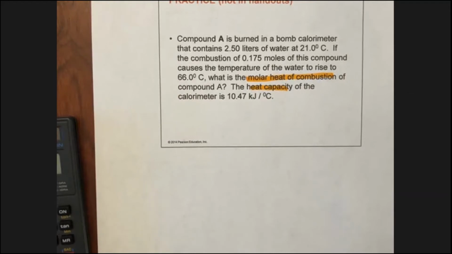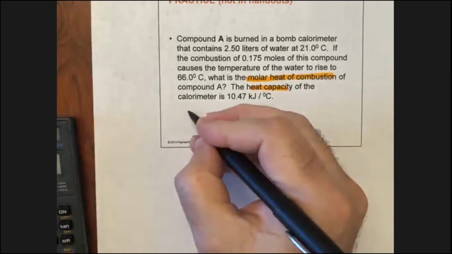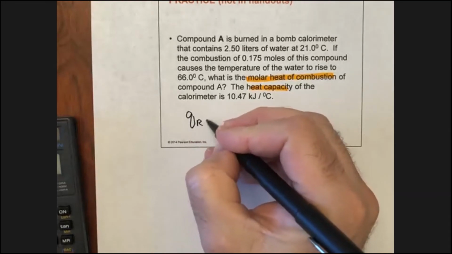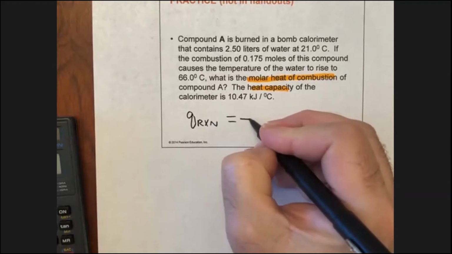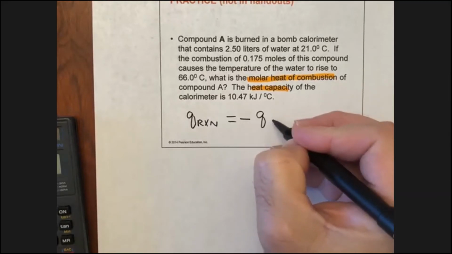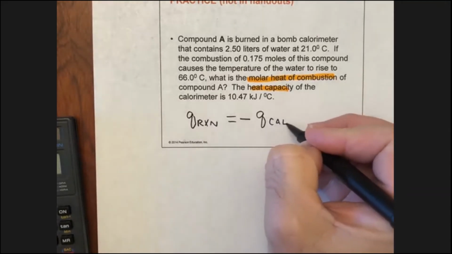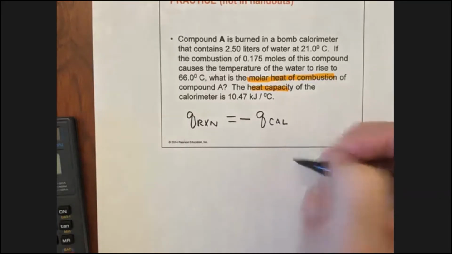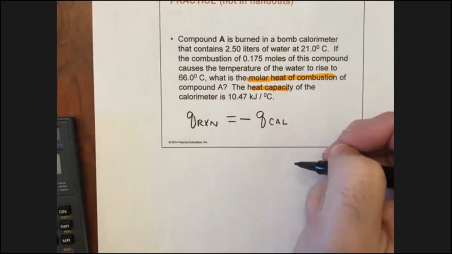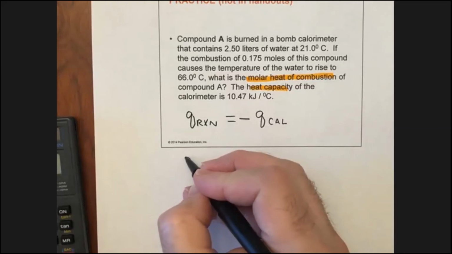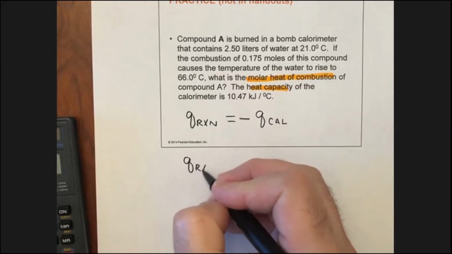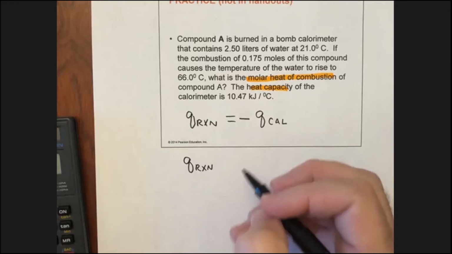Okay, so remember again, as we said before, whatever heat was transacted by our reaction is going to be the negative of whatever heat was transacted by our calorimeter. All right. So let's see what would be the heat transacted by our reaction.